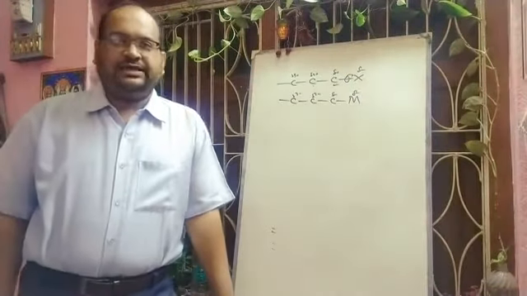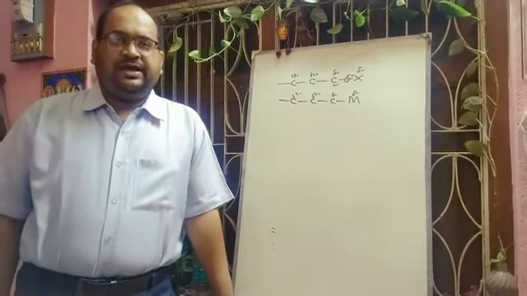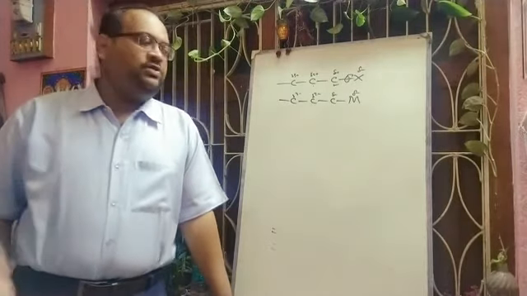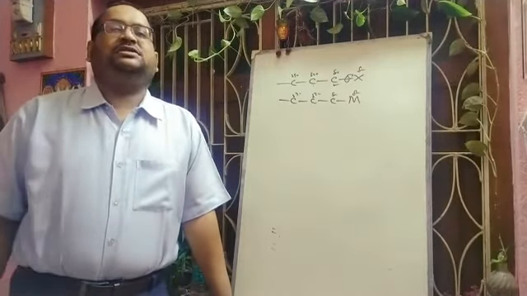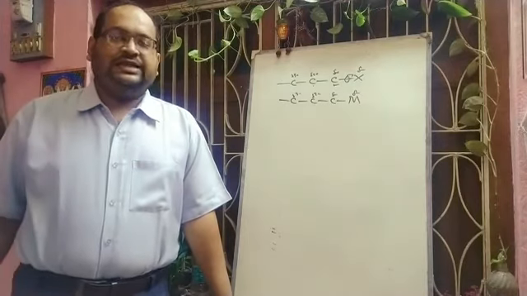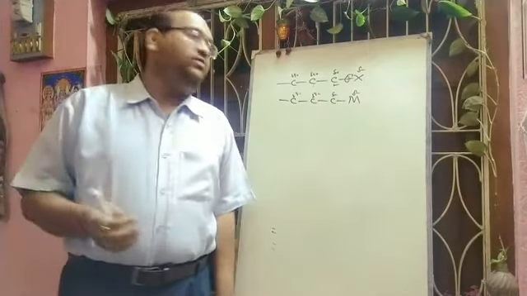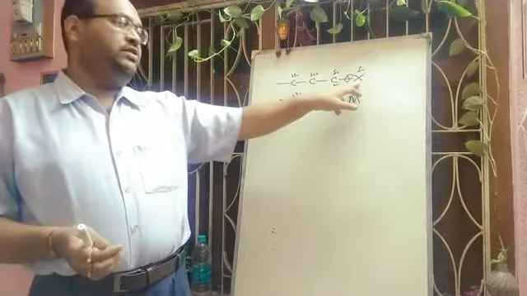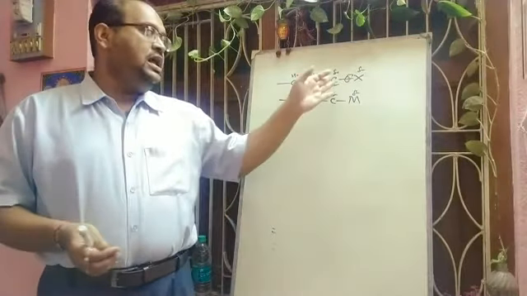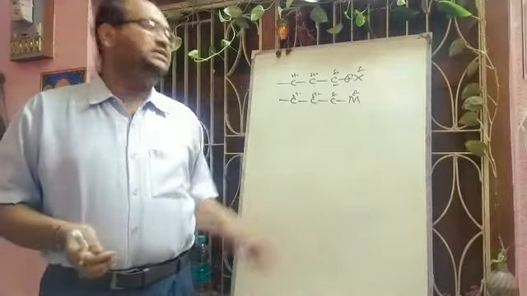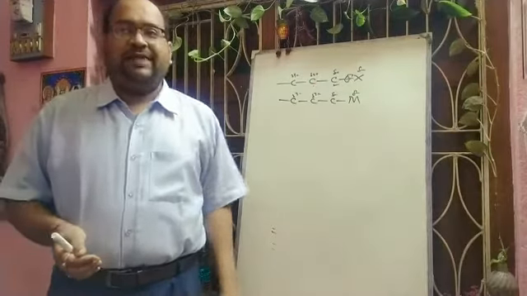Inductive effect is simply I effect, and there may be 2 types of inductive effect. One is plus I effect, another is called minus I effect. When we attach a group like an electronegative element, that will attract the bonding pair electron towards itself; definitely that is called minus I effect.